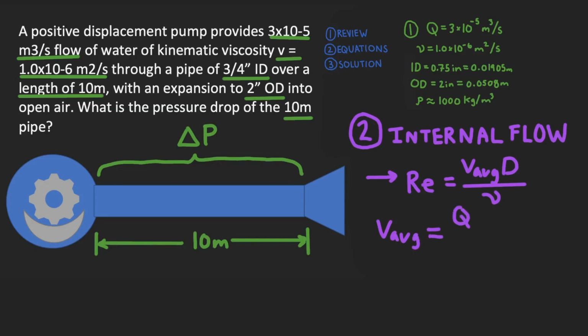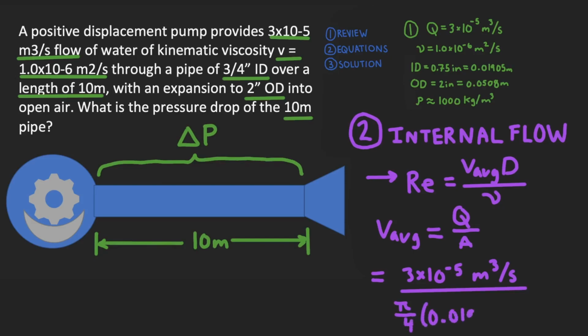So to calculate our Reynolds number, we need to know our average velocity times our diameter over our kinematic viscosity. But we don't know what our average velocity is. So we have another equation for that, which states that velocity is equal to flow rate over area. And intuitively, that makes sense because we're taking meters cubed per second and dividing them by meters squared, so we're going to be left with meters per second, which is velocity.